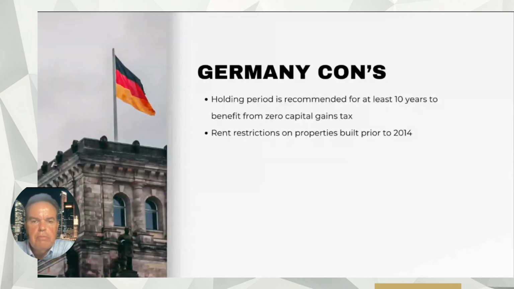And because sometimes properties may have been rented for generations, there are some rent controls. However, if you buy a property built after the year 2014, the rent controls don't apply. So when a tenant leaves, you can then review the rent and revise it in line with market conditions.